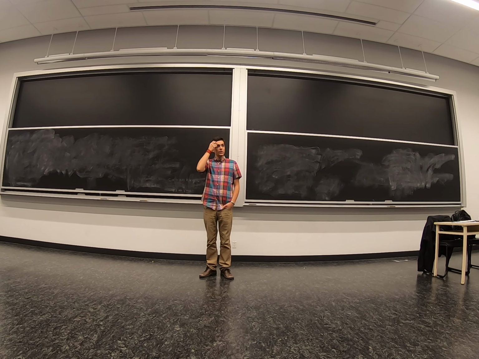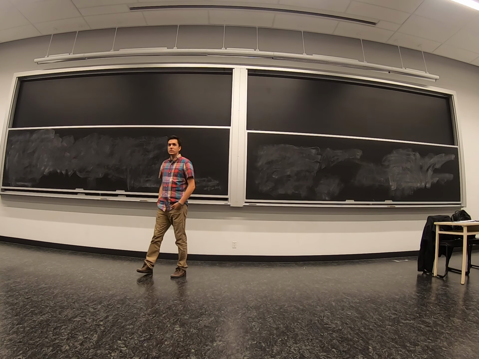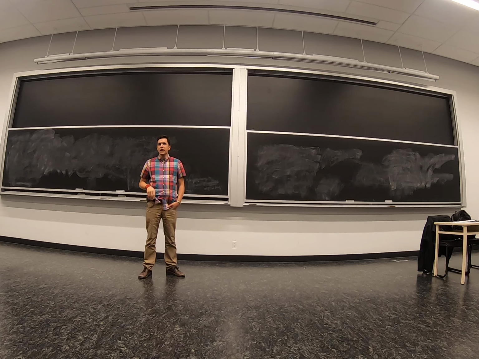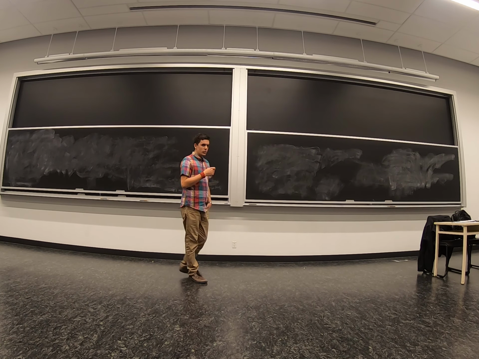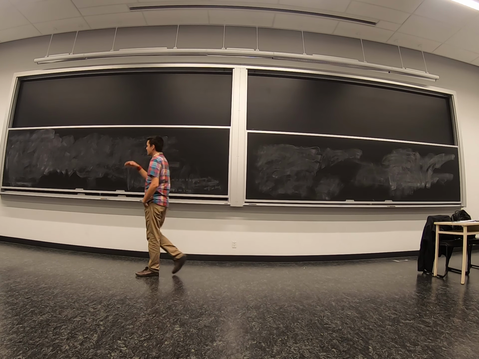Right, so there's a little bit of material from last week that I'd like to go over. I'd like to talk a little bit about differentiation, implicit differentiation. Then we're going to move into material about optimization, so maximizing functions.